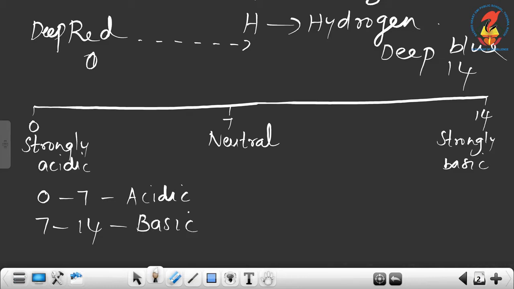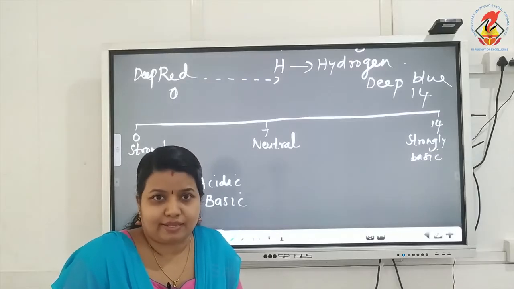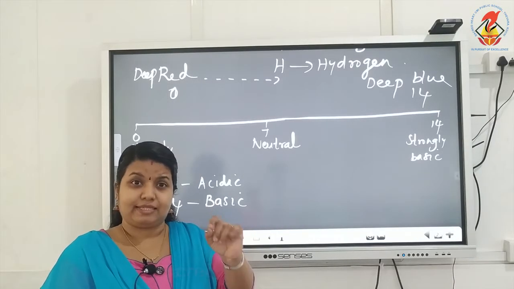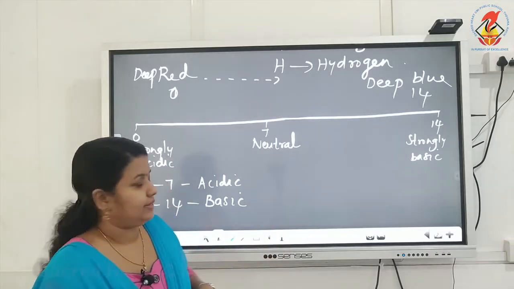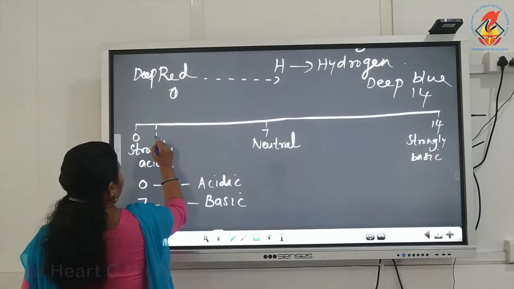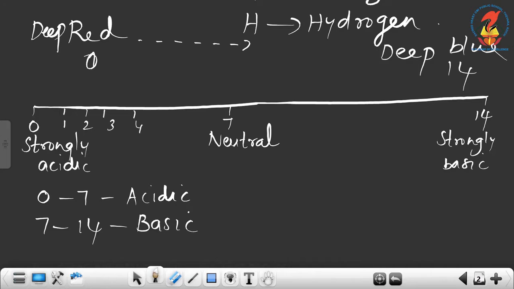If it is exactly 7, it is a neutral solution, and greater than 7 to 14, it is a basic solution. So, you will have values 1, 2, 3, 4, 5, 6, etc.